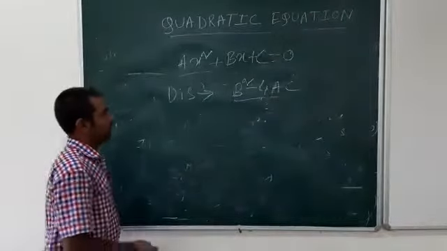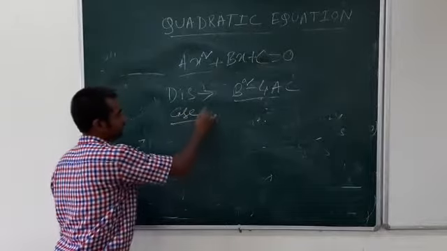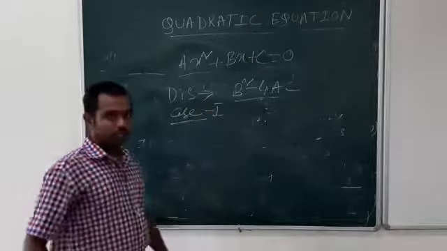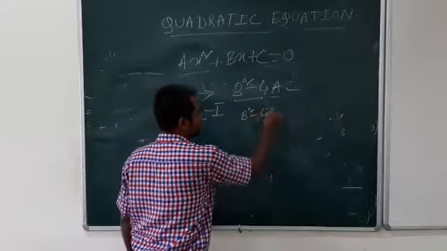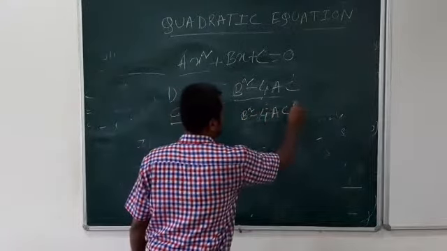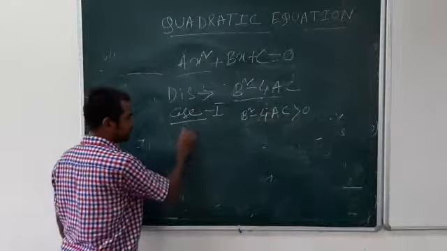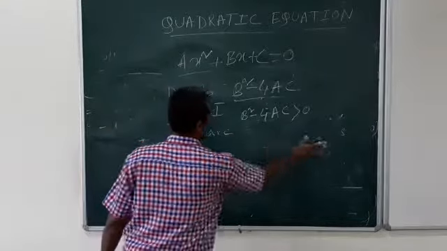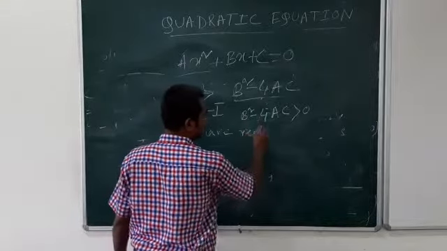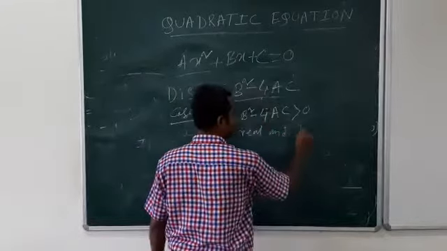Case number 1. If b square minus 4ac is greater than 0, then we have real and distinct roots.